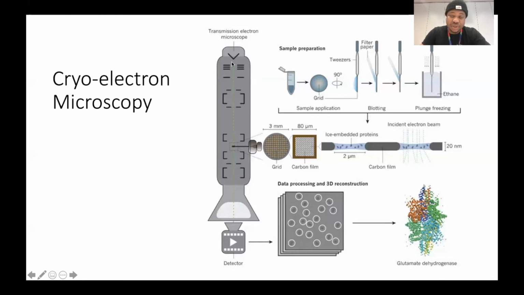In this case, we have an electron source, and we have magnets that act as lenses for the electrons. We fire the electrons onto a sample.